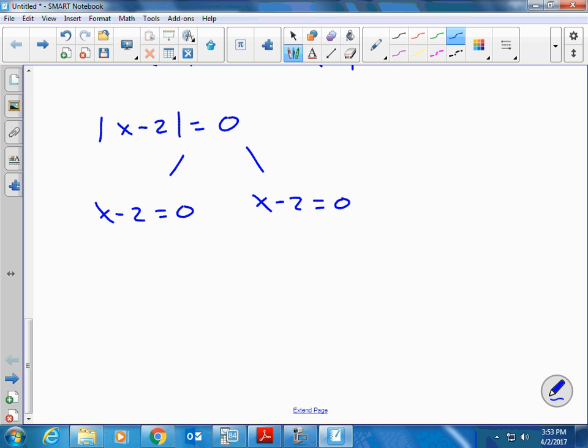However, 0 cannot be positive and negative. It's simply 0. So I don't really have two expressions. I just have one expression or one solution. That is the only time you will have just one answer with an absolute value. Otherwise, you get 2.